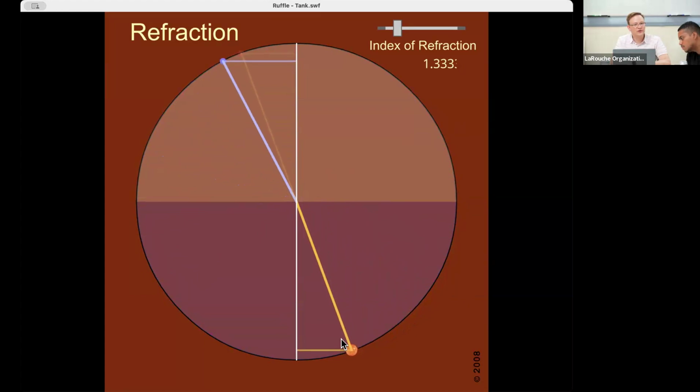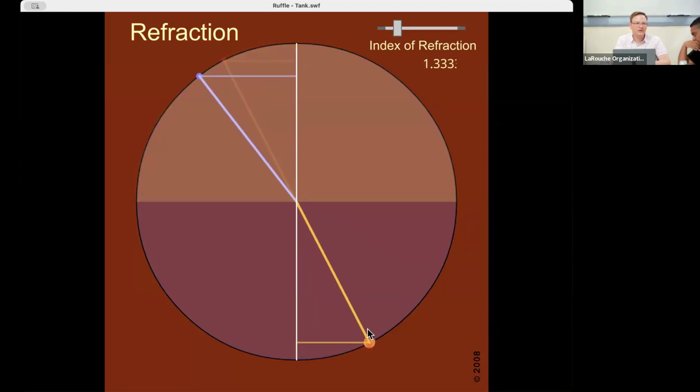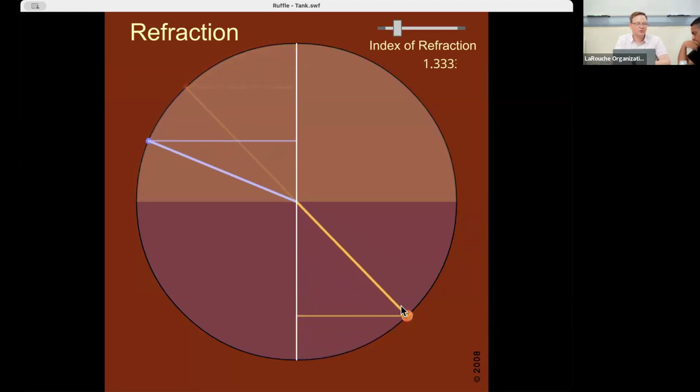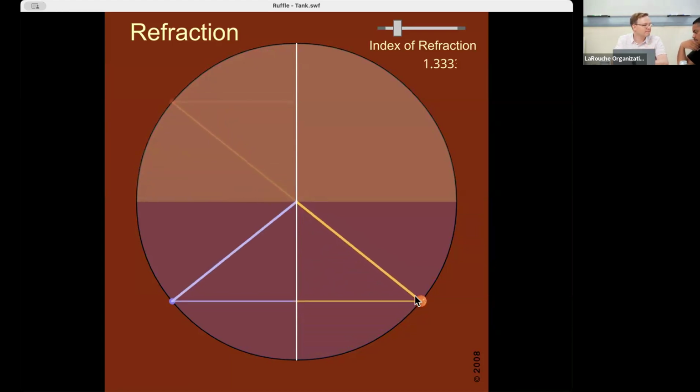So we saw this phenomenon also: when the light starts in the denser medium, water or the acrylic lens, there's some angle beyond which the light can't get through, and it starts to completely reflect. It always reflected a little bit, but at this point it's all reflecting.